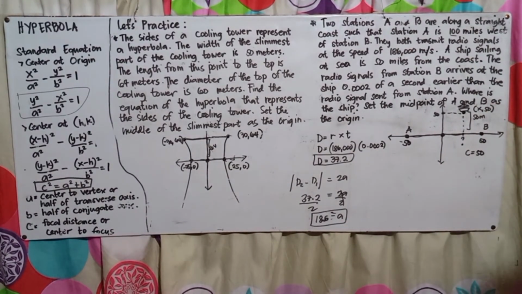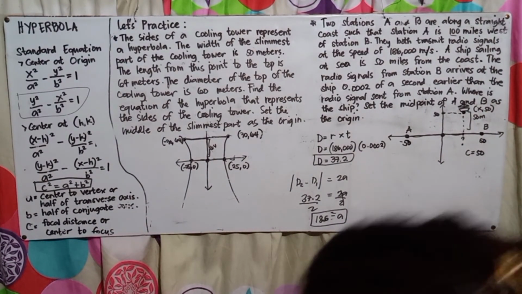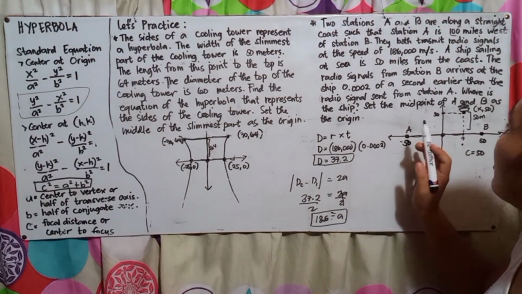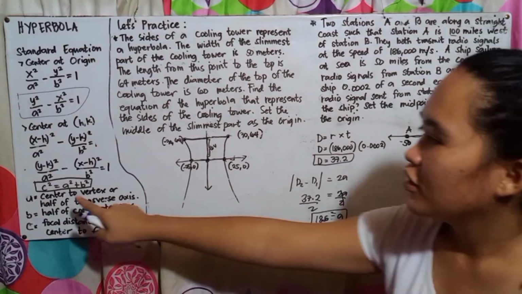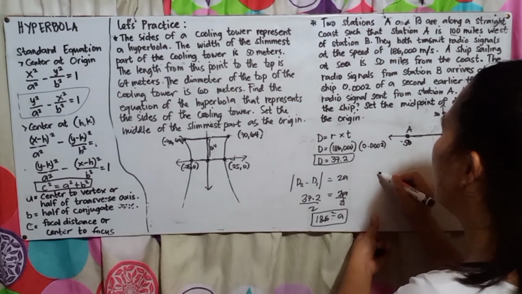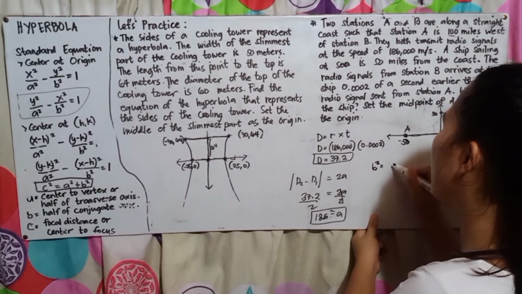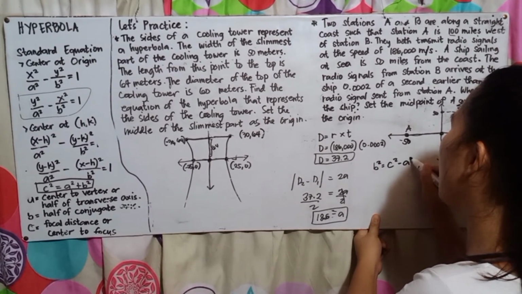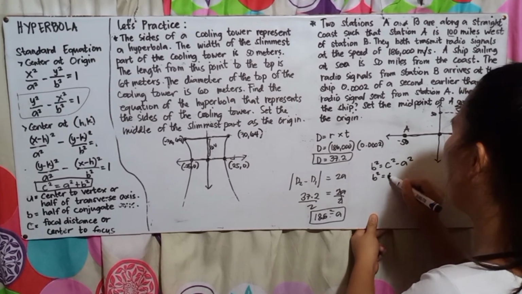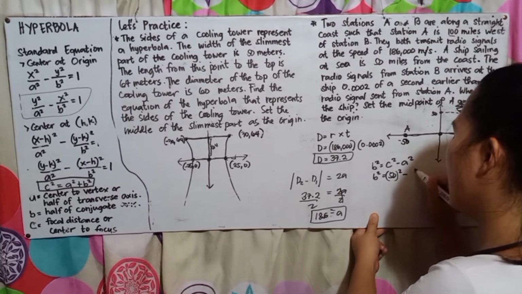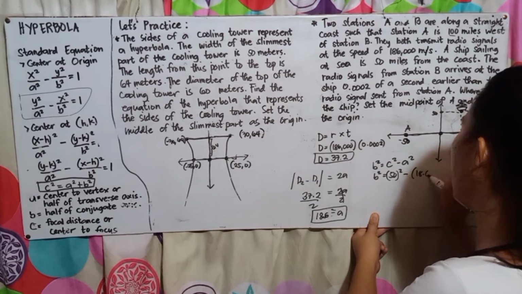So we have a, we have c. To compute for b, we will use this formula: b squared equals c squared minus a squared. c is 50, a is 18.6.